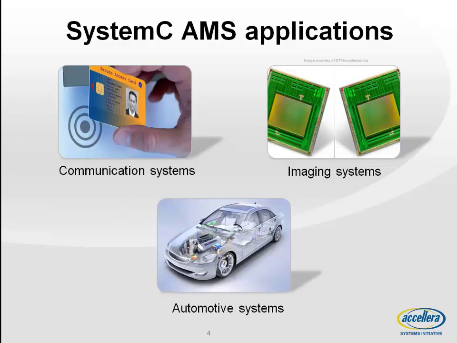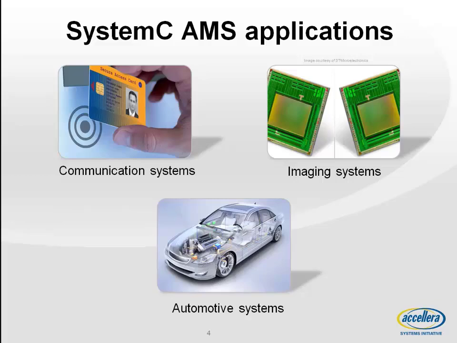So what are typical application domains for SystemC AMS? Communication systems, especially wireless systems, can be near-field communication, GSM, LTE, wireless LAN, that kind of systems. All those systems have a radio interface, which is very often digitally controlled. And you want to model not only the analog standalone, but really in its environment where it is controlled by the baseband or by the software.